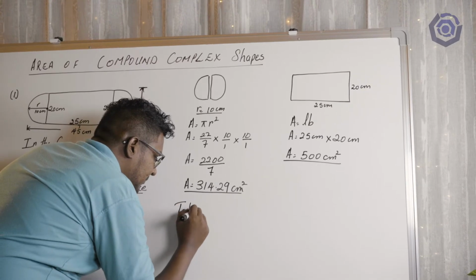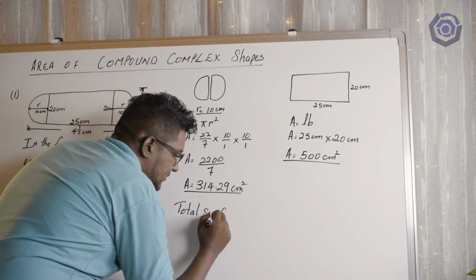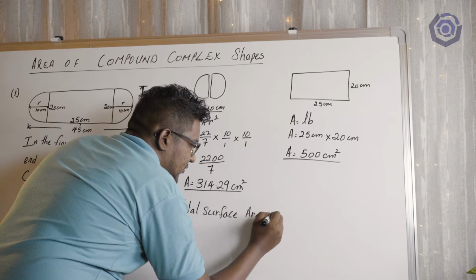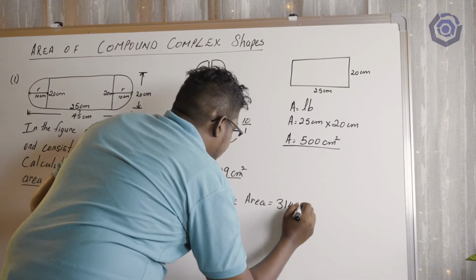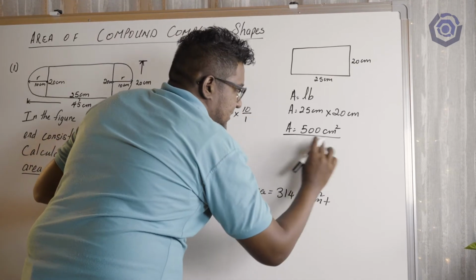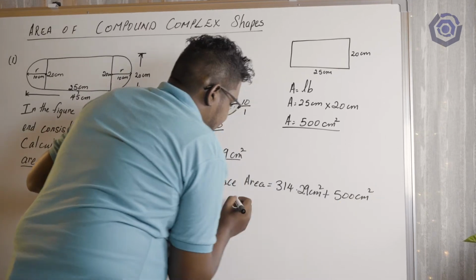So total surface area would be equal to 314.29 cm squared plus 500 cm squared.